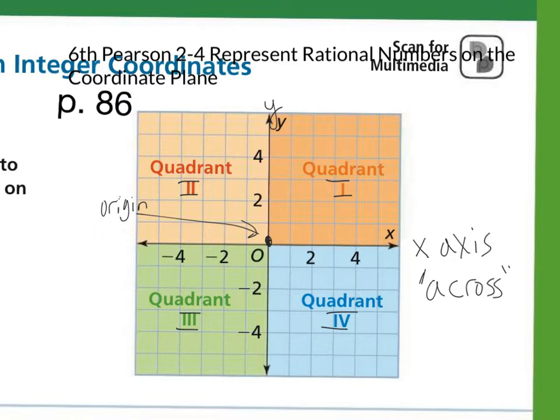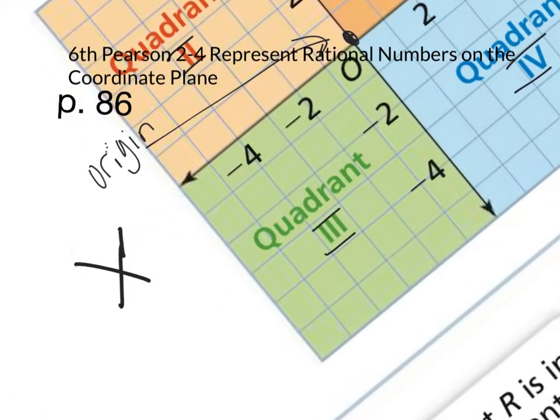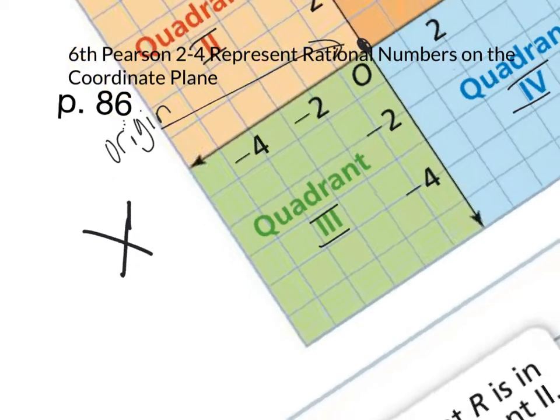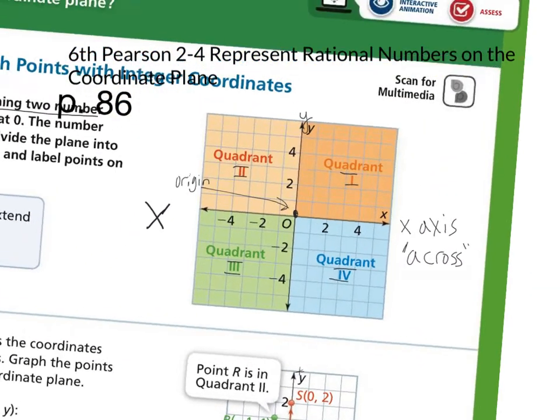A way to help you remember the x-axis and the y-axis: if you take the letter x for x-axis and rotate it, it kind of looks like a cross. And so the x-axis goes across.